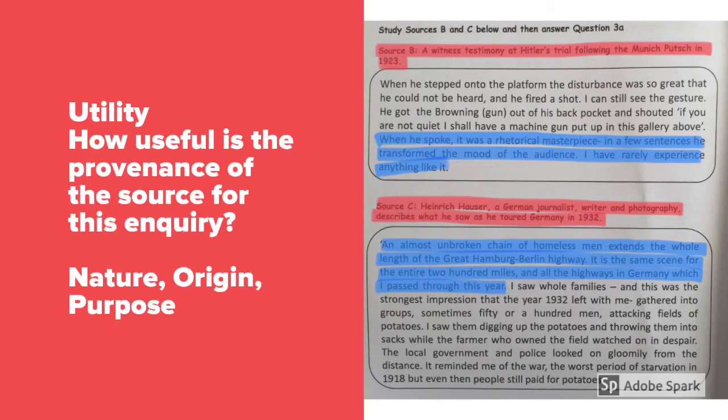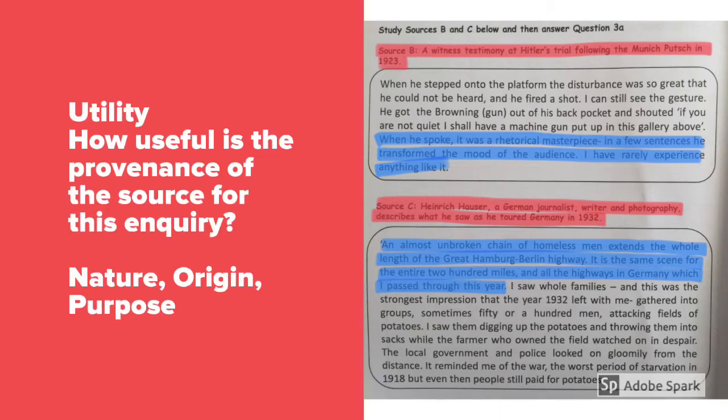Even the titles of the sources are really useful in terms of their provenance. They normally give you an idea of the nature, in terms of what type of source it is, and where it's come from, and from these two things you can work out its purpose, or why it was made. Source B is a witness testimony at Hitler's trial following the Munich Putsch in 1923.